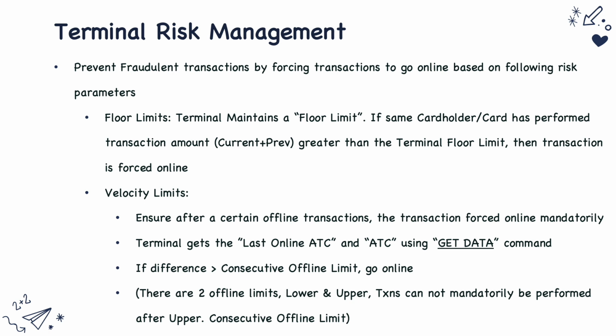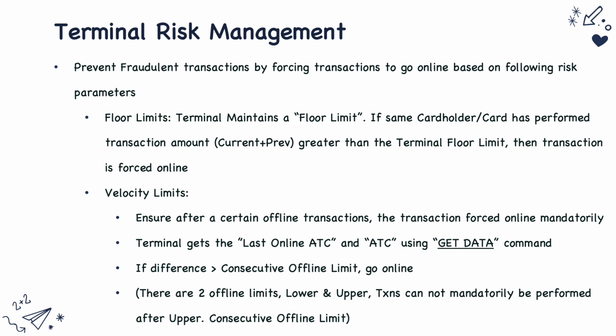There are two major techniques for risk management. First one is called floor limit, where the terminal maintains a floor limit and any transaction that is more than this floor limit is forced online to the issuer.